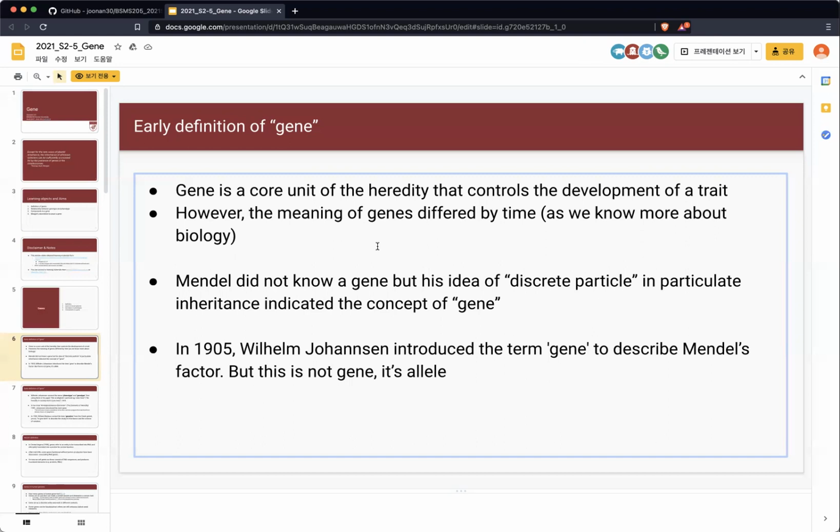The early indication by Johannsen was actually meant to be an allele rather than a gene. So you probably have been perplexed about the concept of gene and allele when you read texts describing the early 20th century, and probably the mid 20th century as well, because there is a mixed use of gene and allele at the time when they tried to explain Mendelian inheritance.